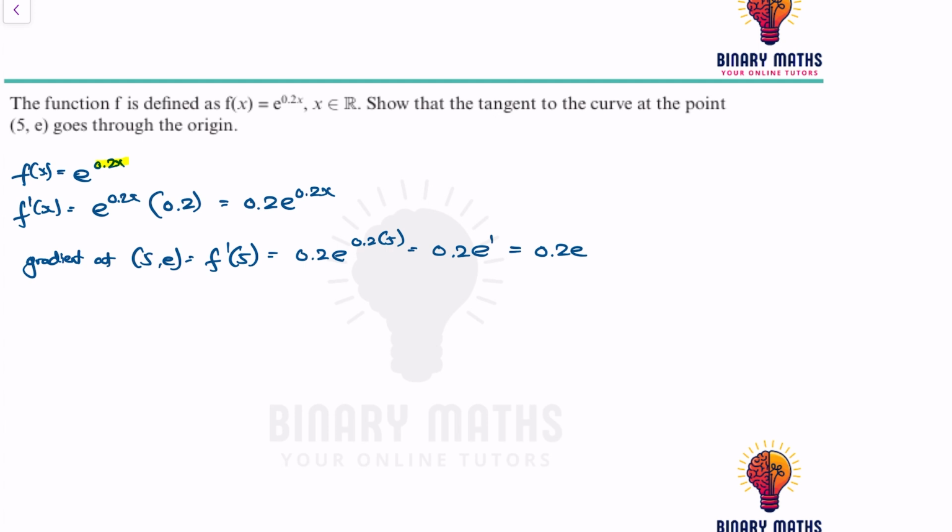Okay, next, because we know we have a point that it goes through and a gradient, using y minus y1 is equal to m times x minus x1, we end up getting y minus e is equal to 0.2e times x minus 5.